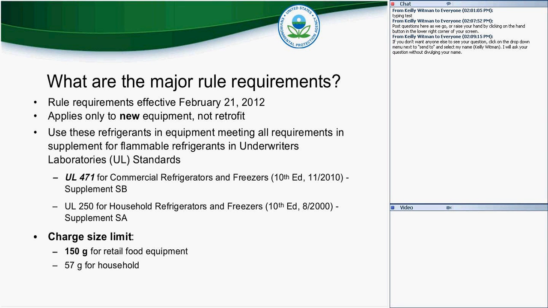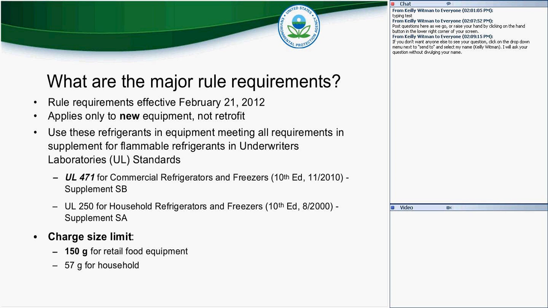Right, and I understand that other international standards are a little more nuanced, but they also have some limits, and one of them deals with 150 grams. So it's not that big a change.